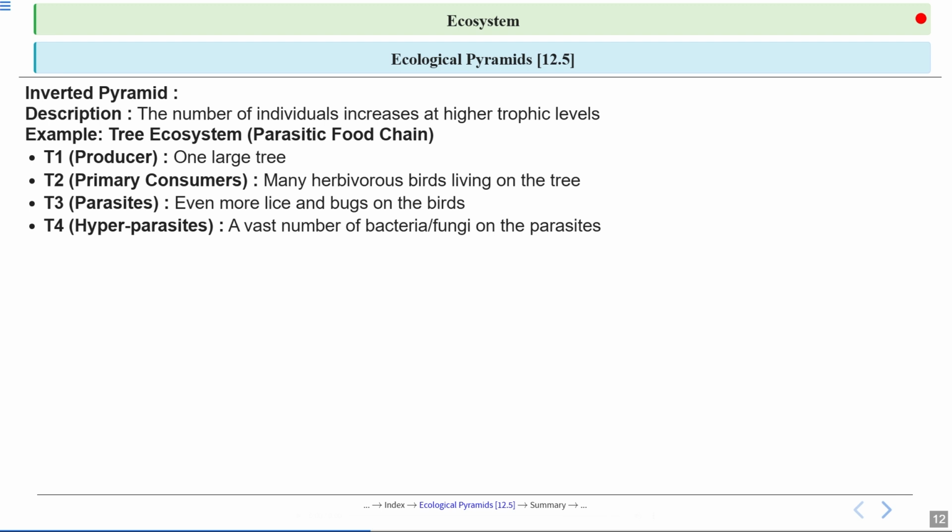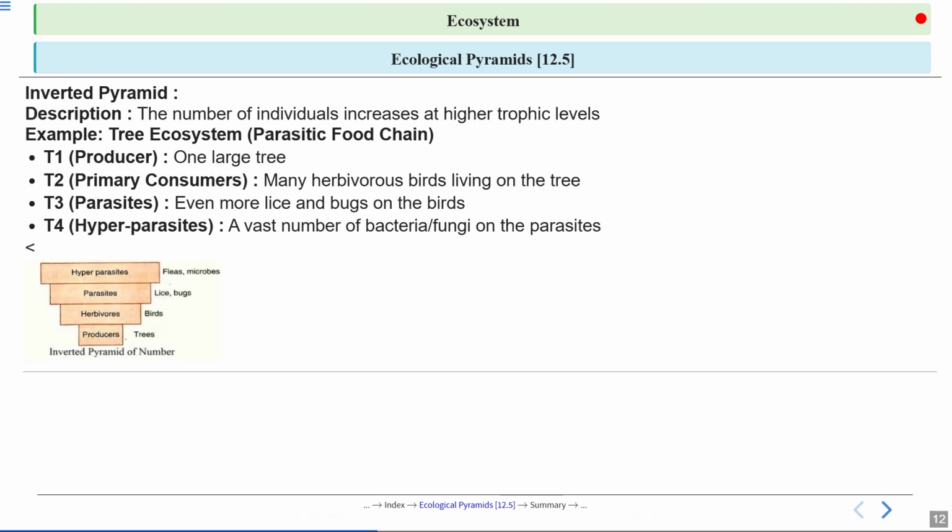There is a vast number of bacteria and fungi on the parasites. These bacteria and fungi are the hyperparasites. Their number is even more as compared to the parasites. So in this case, you will get an inverted pyramid of number. Here, the most individuals are at the fourth trophic level and the least number of individuals are at the first trophic level, which are the producers.